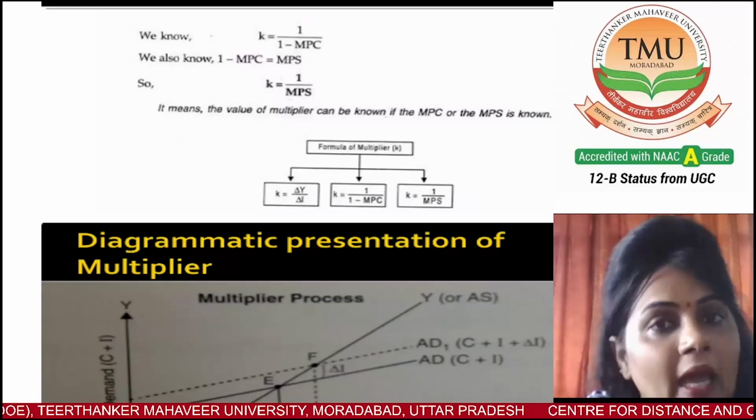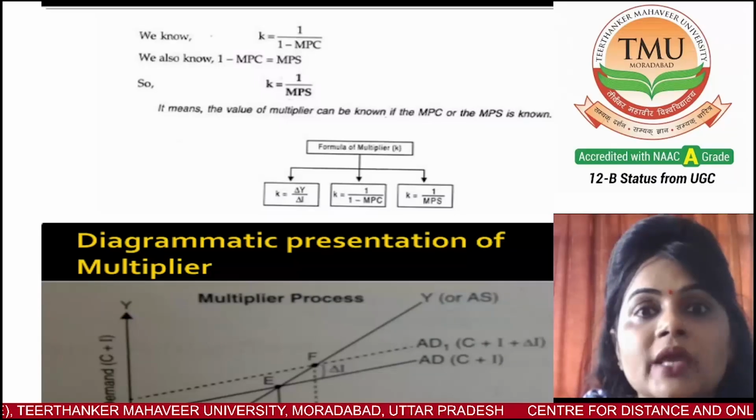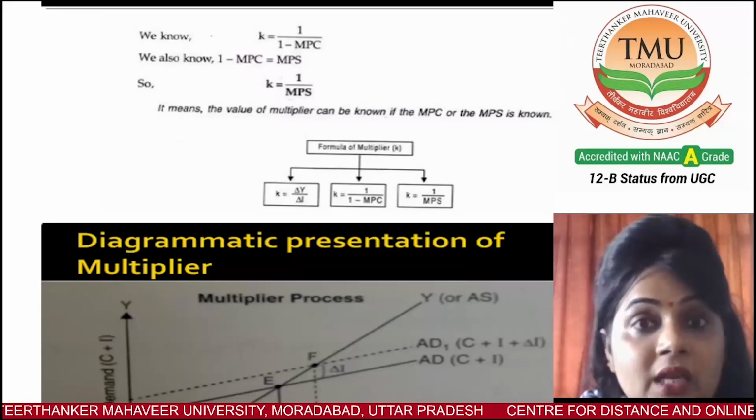So K is equal to 1 upon MPS. You can see this also.